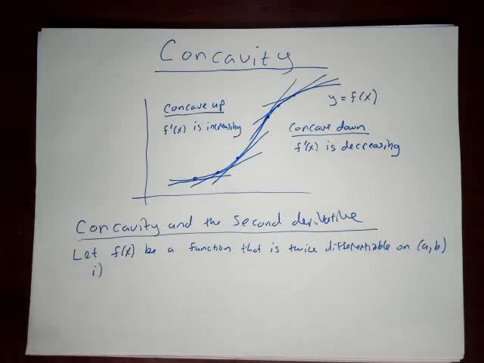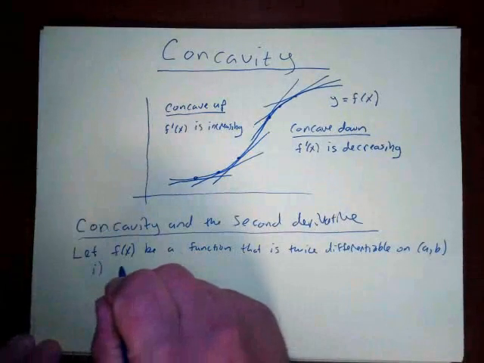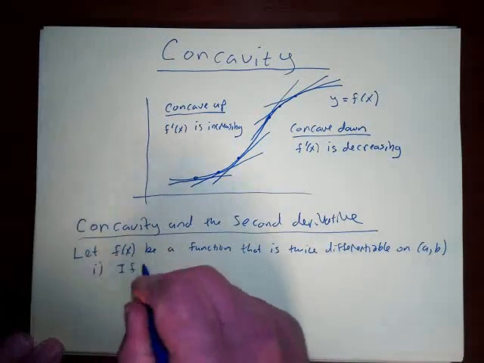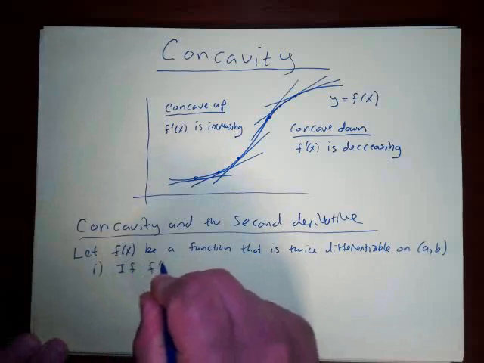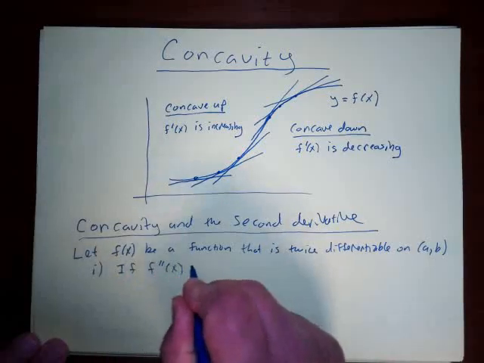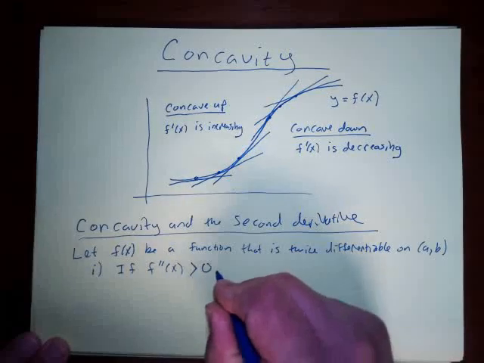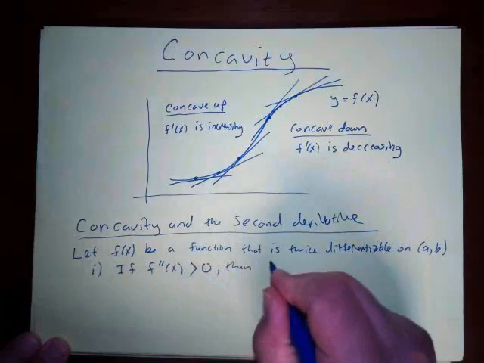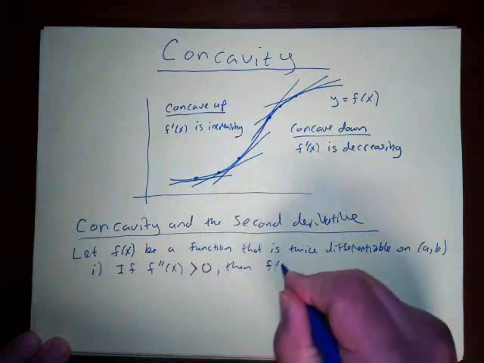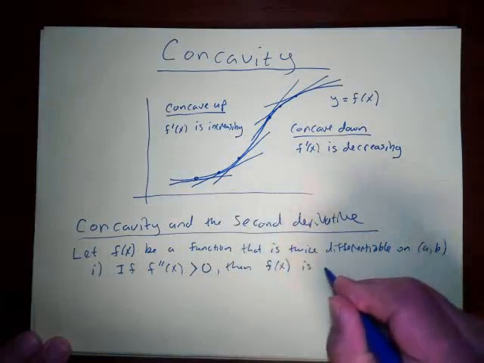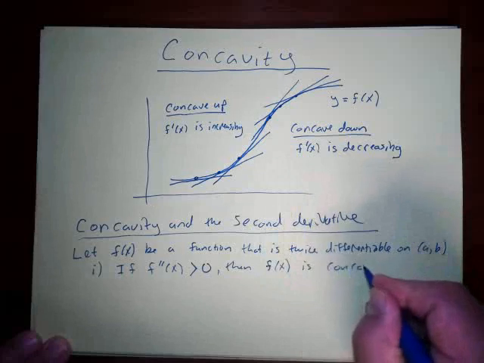So this is what it's saying. If f double prime of x is greater than 0, then the original function f of x is concave up.